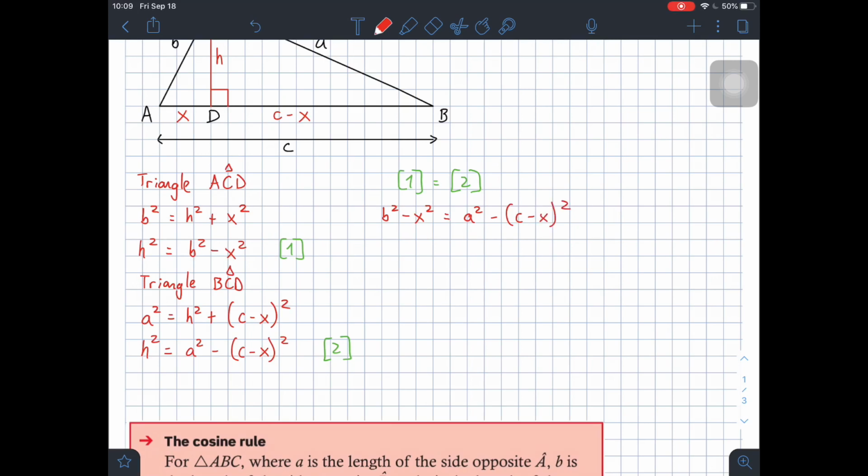Okay, and then I'm going to try to expand this in organized terms. So if I expand this, I'm going to get b squared minus x squared, and on this side it will be a squared minus. And you should already know how to expand this, right? We need to square: c squared minus 2 times c times x plus x squared. That's how you expand this expression over here.